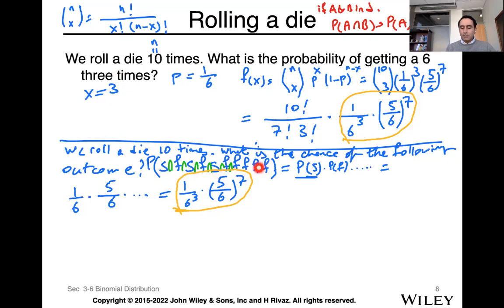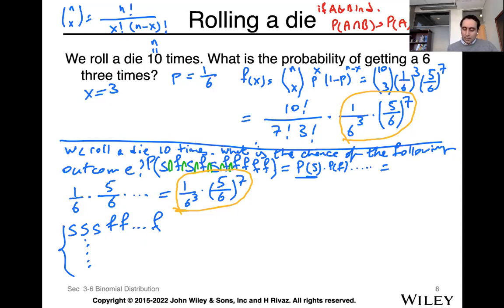But remember, this is not the only outcome that satisfies this question, right? As your colleague said, there are many of these, right? For example, I can have S, S, S, and then all of the rest failures, right? Or I can have so many of these, right? So the question is, how many of these do I have, right? And here is where you have to use the counting technique that we talked about, combination.